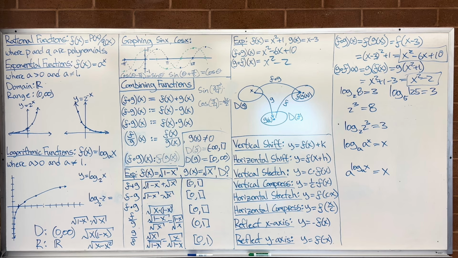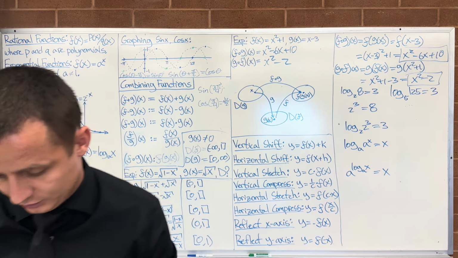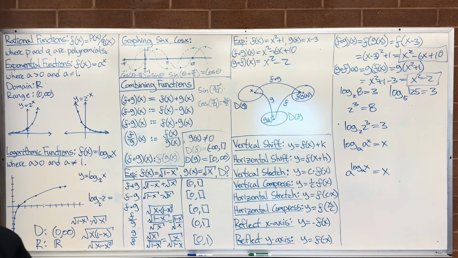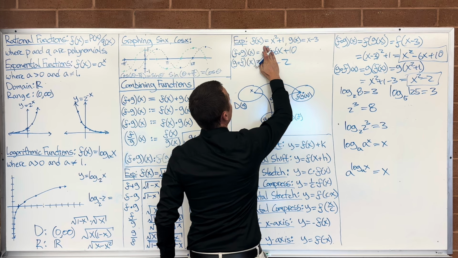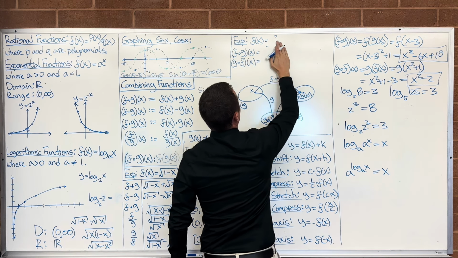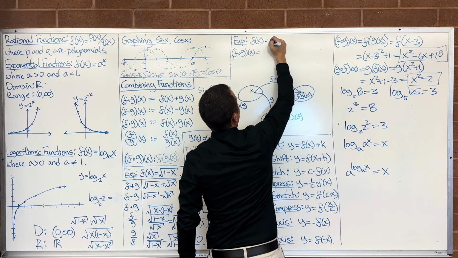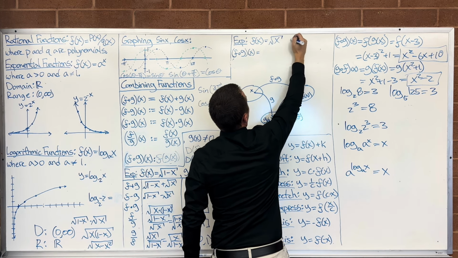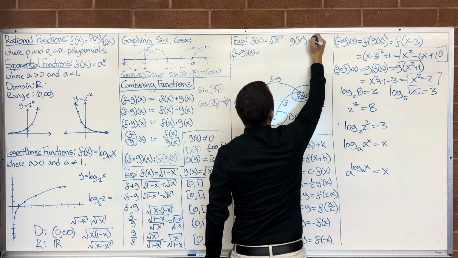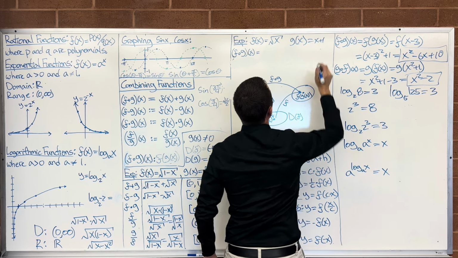Let's really quickly see if the author gives us an example with domain problems. He does square root of x and x plus 1. So we're just looking at f of g. f of x is square root of x, and g of x is x plus 1. You with me?